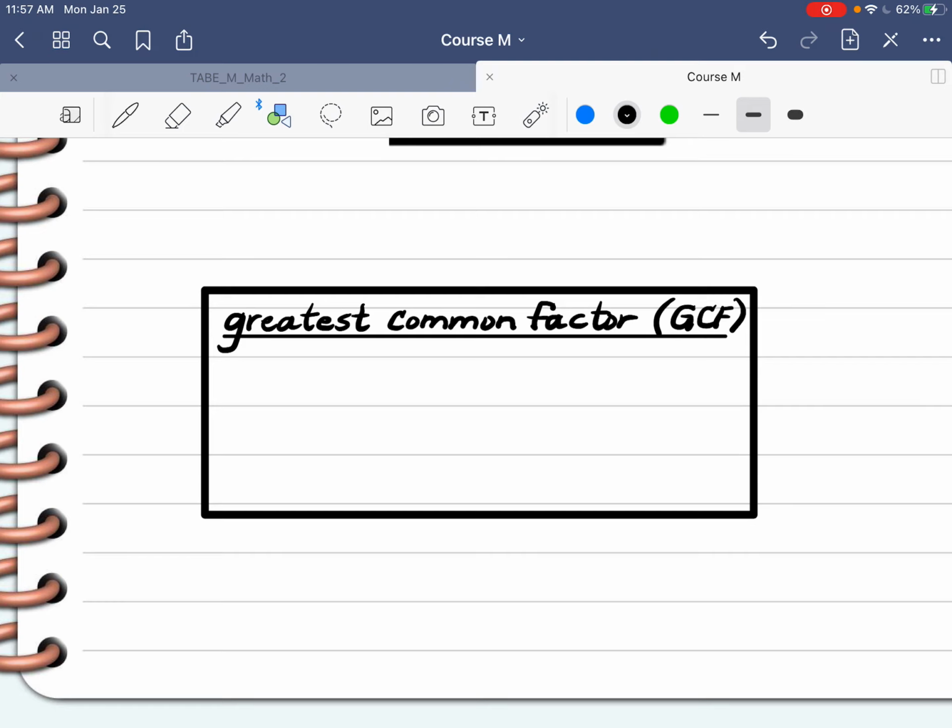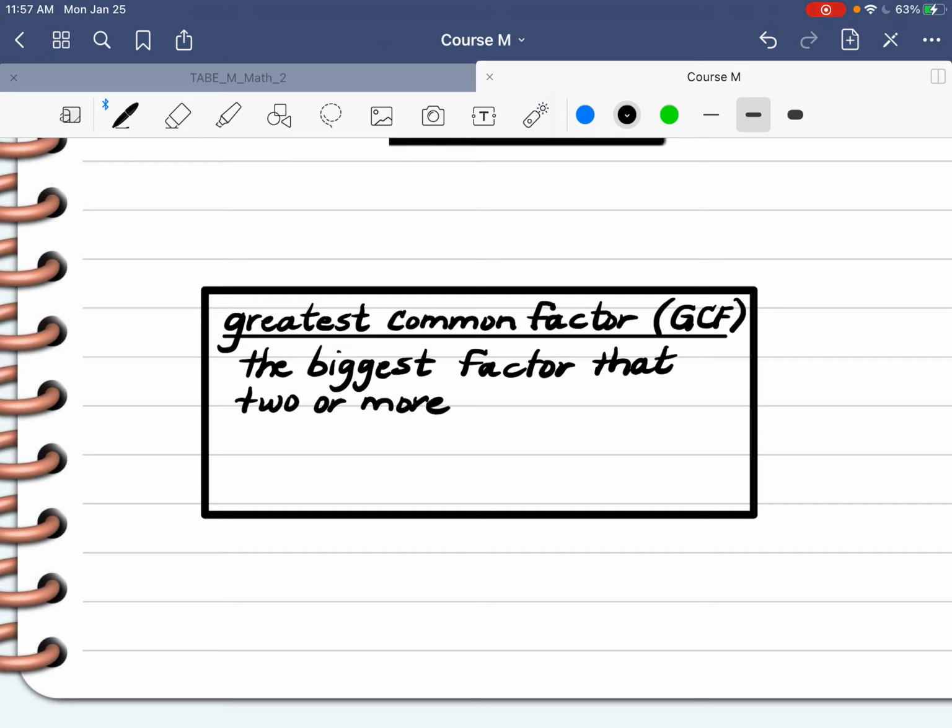And the greatest common factor is the biggest factor that two or more numbers have in common.